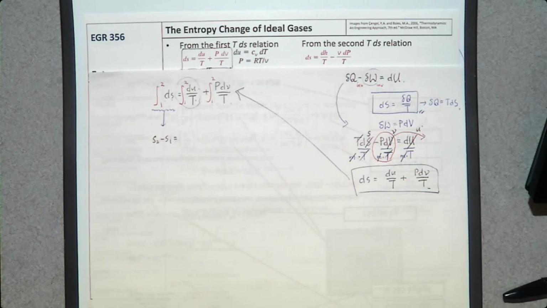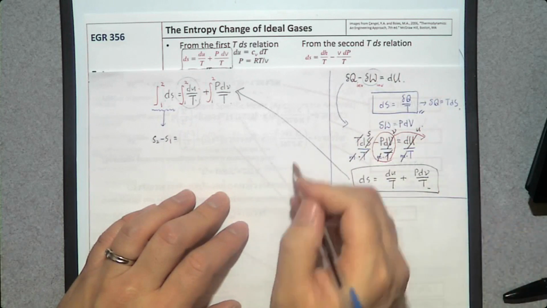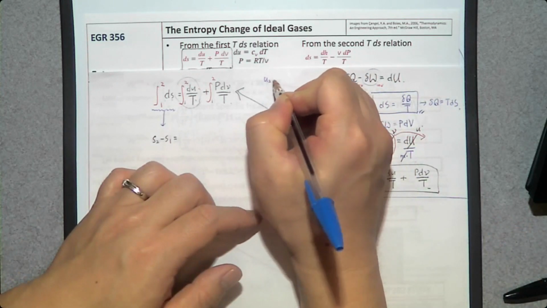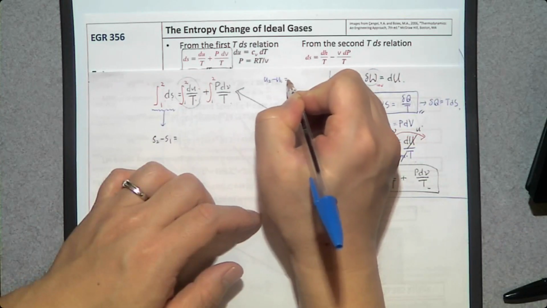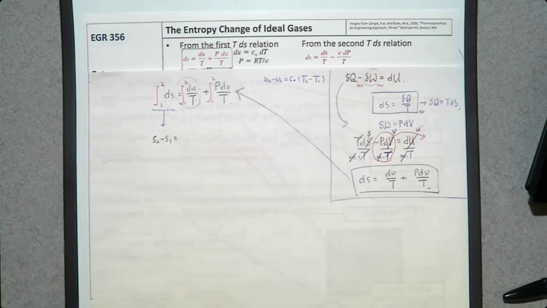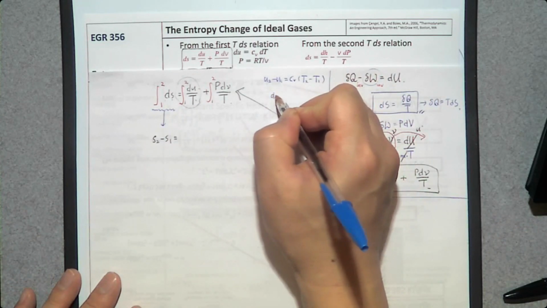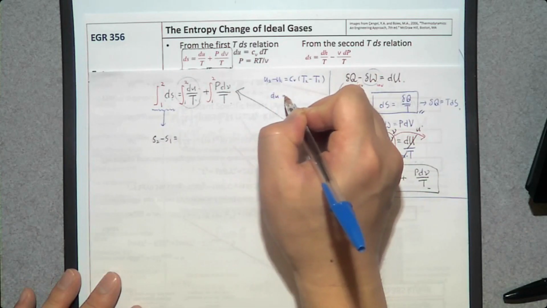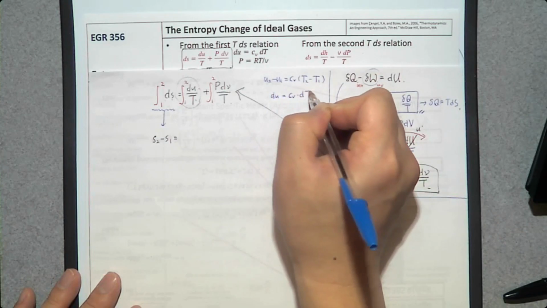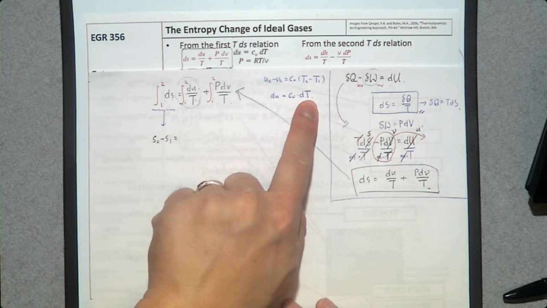From chapter 3, we studied one equation, which is the specific heat equation. U2 minus U1 is CV times T2 minus T1. In a differential form, the change in U is CV times the change in T. So du is CV dt.